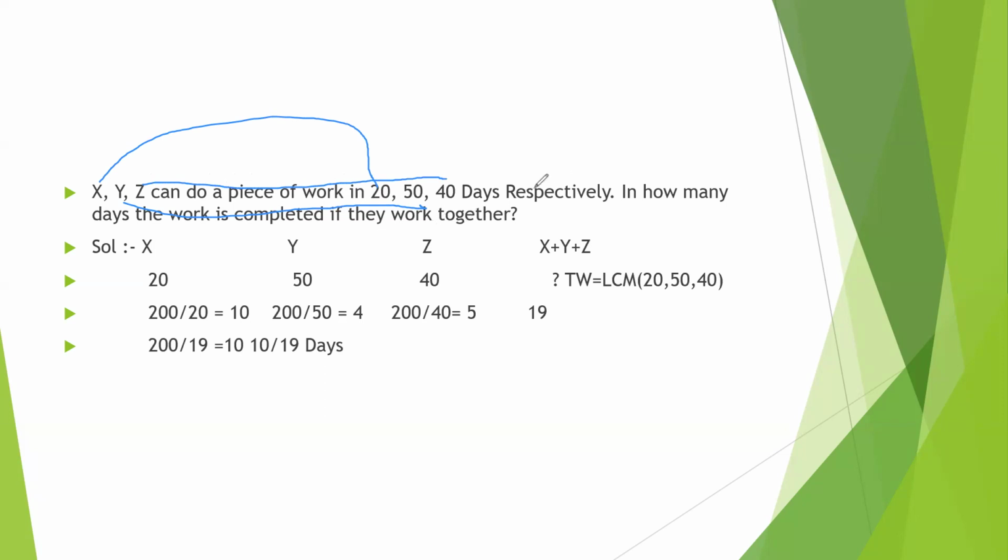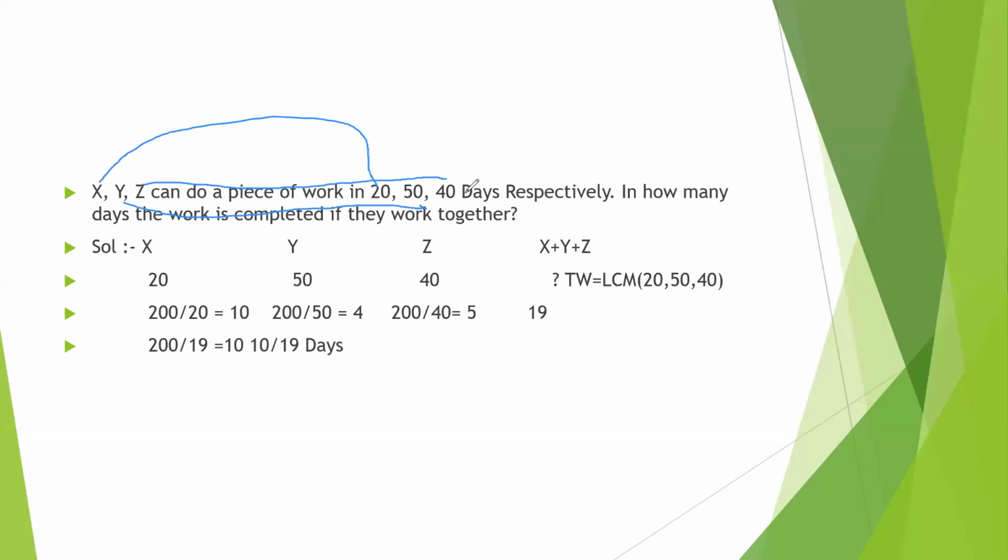So if three persons do the same work at a time, how many days will the work take? First we find the total work. How to find the total work?